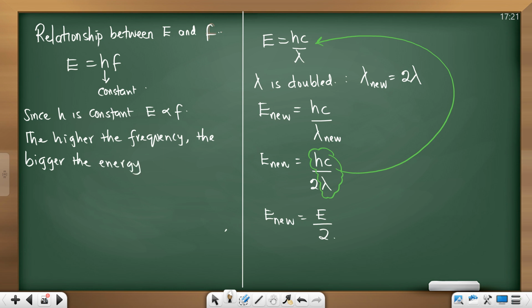Your spectrum, you have your X-rays and you have your gamma rays, if you remember that.